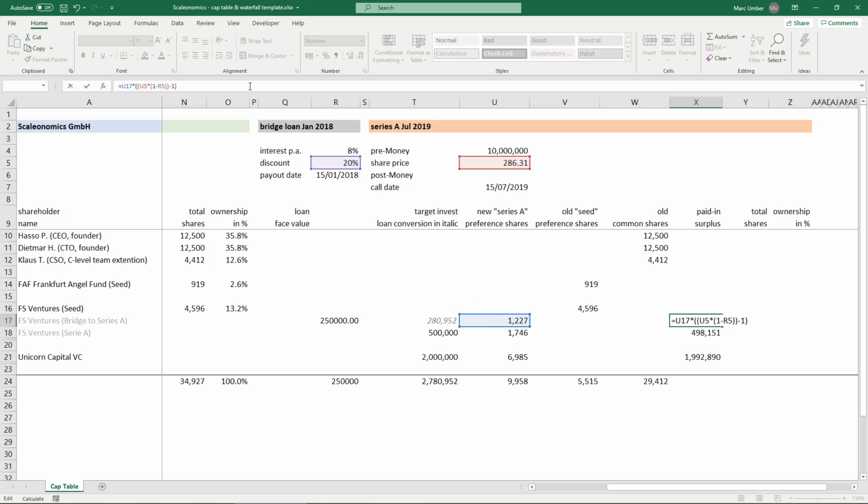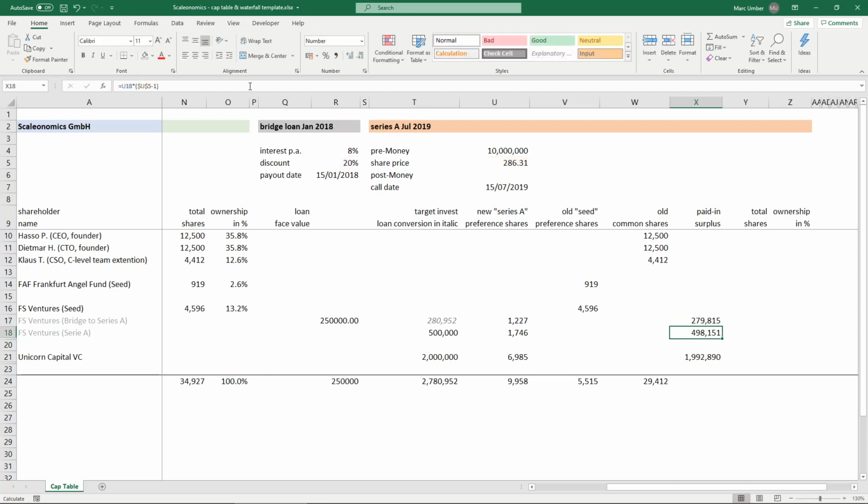This is a very peculiar thing about German company law. If you do not put this transaction on record, which means Frankfurt School wiring 1,227 euros to accept the nominal amount of shares, then this transaction would legally not have happened. So they have to pay the 1,227 in cash. The rest can be offset with the loan amount outstanding.